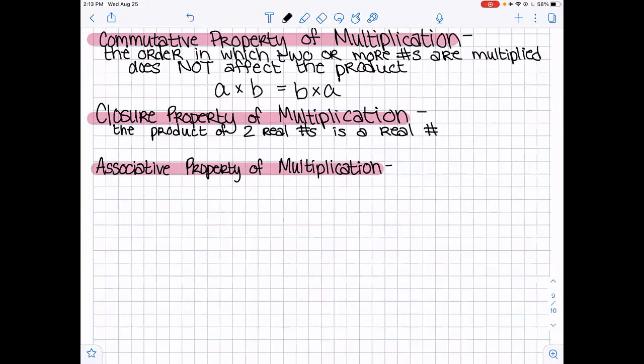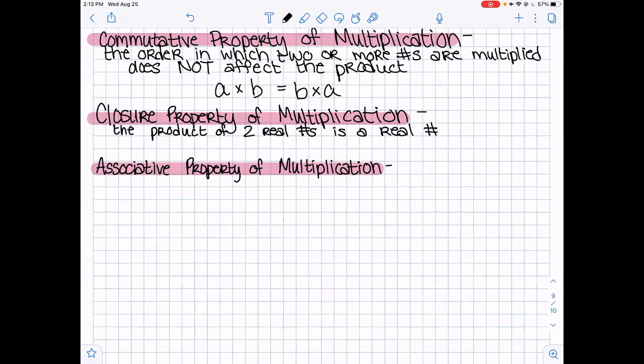Okay, what did the associative property have to do with yesterday? The order in which we are grouping. The word grouped is important because the associative property is all about parentheses.